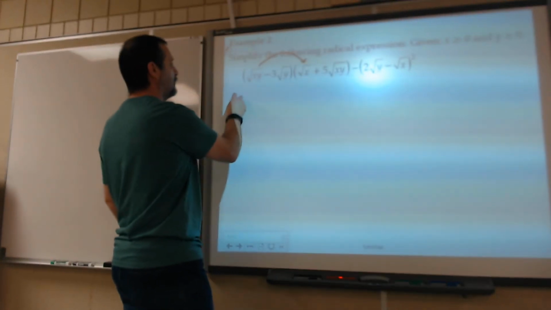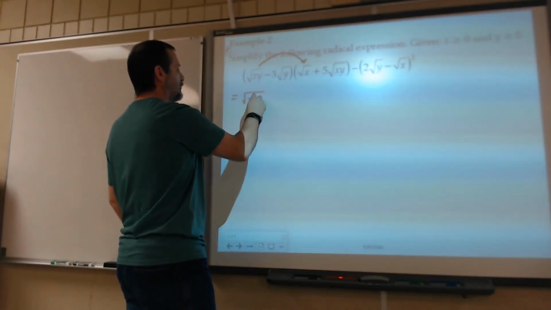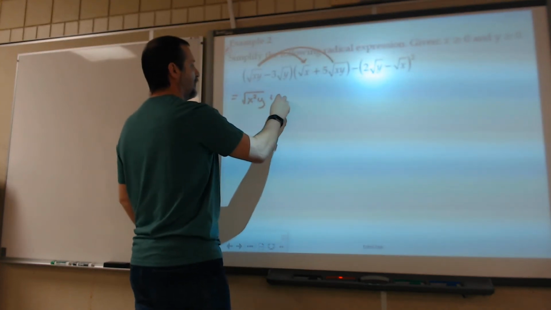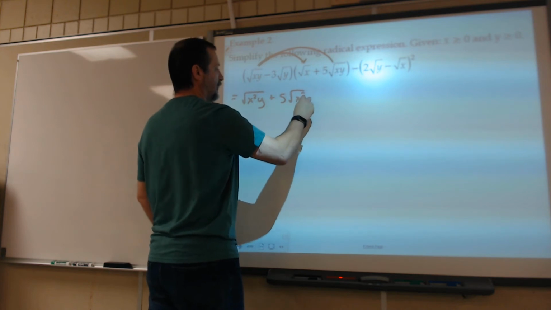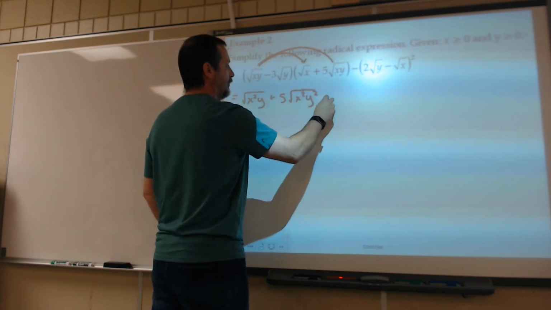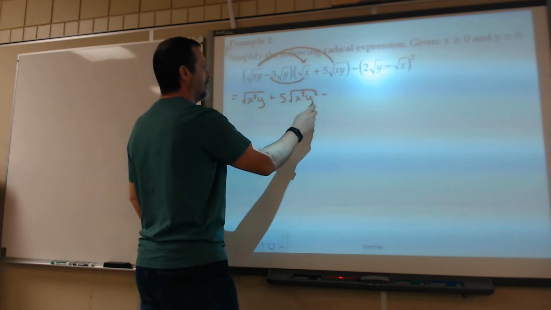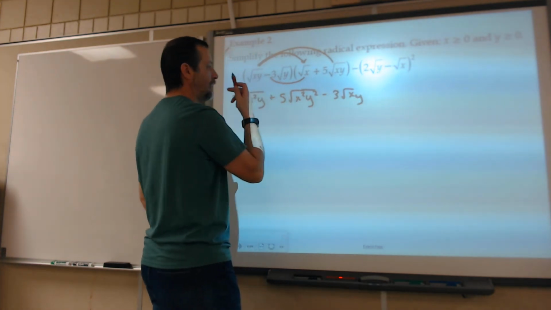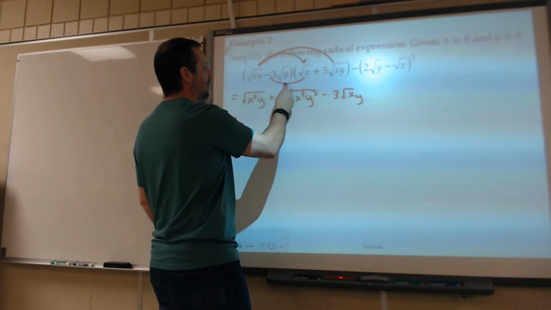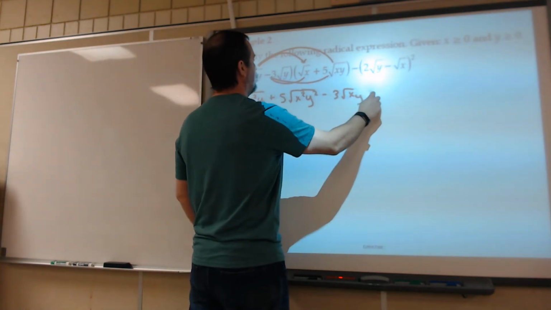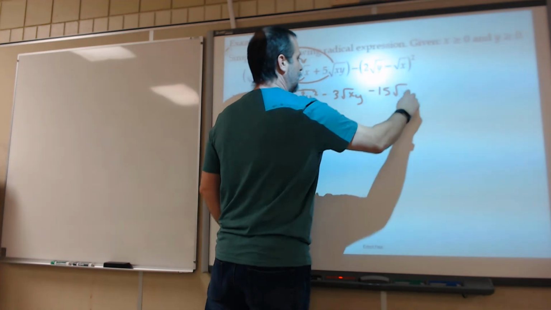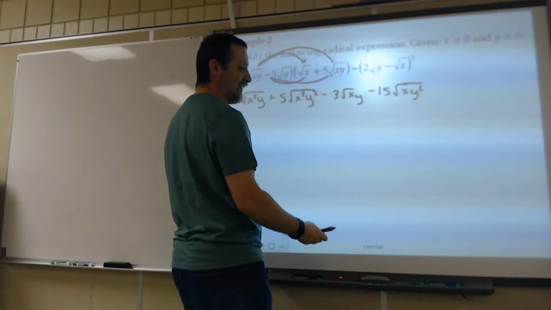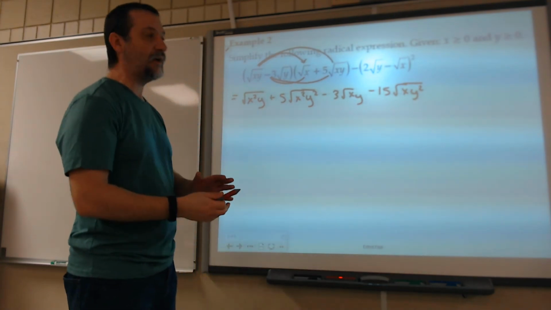Root x squared y, plus 5 root x squared y squared, minus 3 root xy, and this one is going to be minus 15 root x y squared. Again, I am running out of room here.